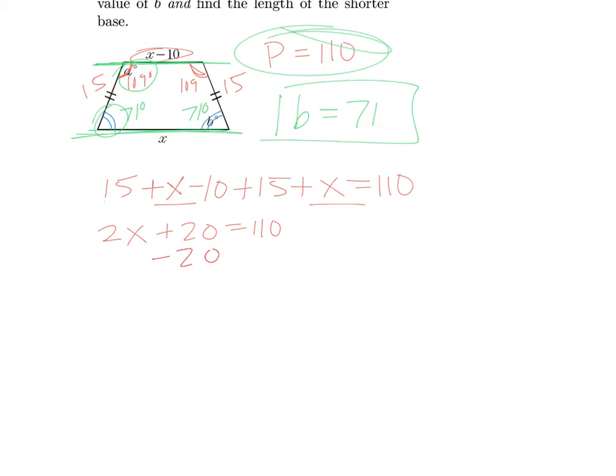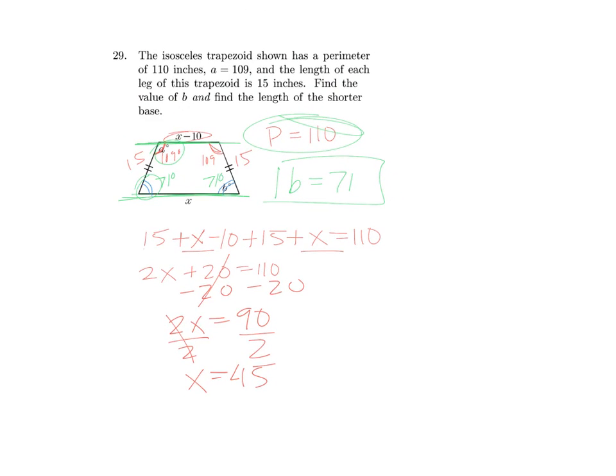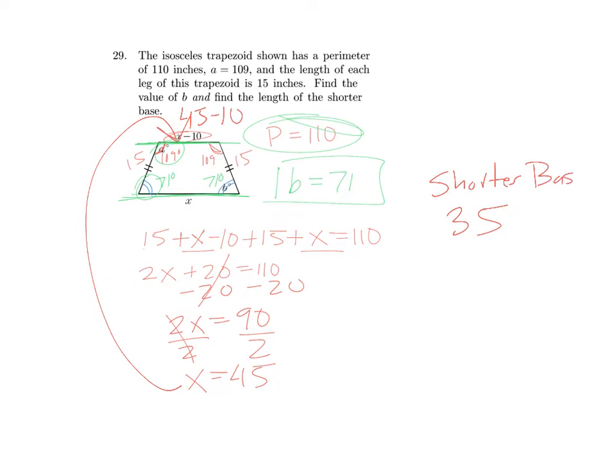All right, so I subtract 20. 2X is equal to 90. I divide by 2, and I get X is 45. But that's not what they're looking for. They're looking for the shorter base. So I have to plug this in, and I get 45 minus 10, which is 35. All right, the shorter base is 35 inches. Done with that. We have the two parts.